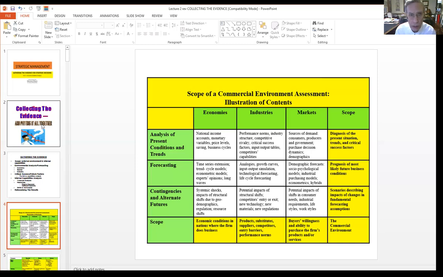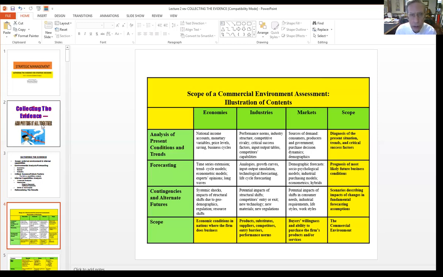Could be technology or new competitors coming into the industry. Any number of things can happen. But until big changes happen, those trends, lacking any better information, are likely to continue. So we want to identify them and understand them.